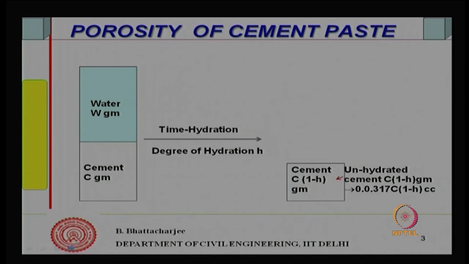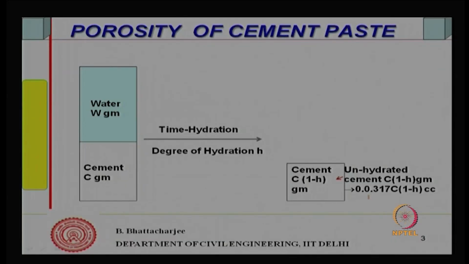The fraction remaining unhydrated will be C into (1 minus H) by mass, and the corresponding volume, specific gravity of cement being known, is 0.32 C into (1 minus H). This is the unhydrated cement.